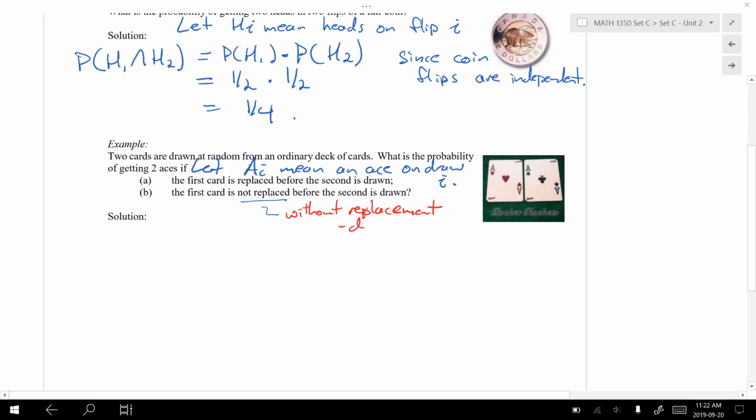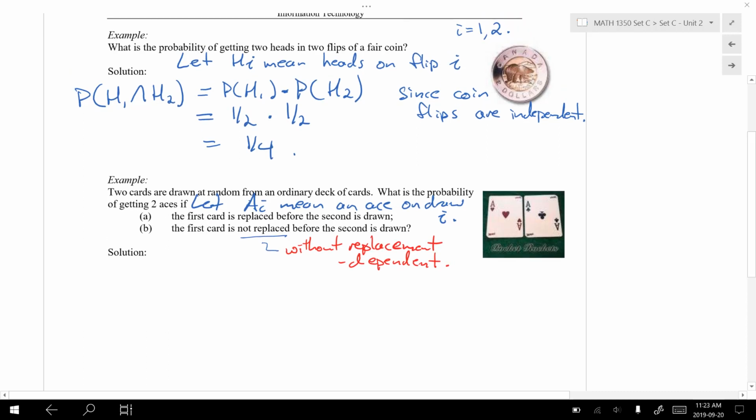This gives us some dependence. Whereas with replacement, the two draws are independent. They care not for each other and don't have anything to do with each other.